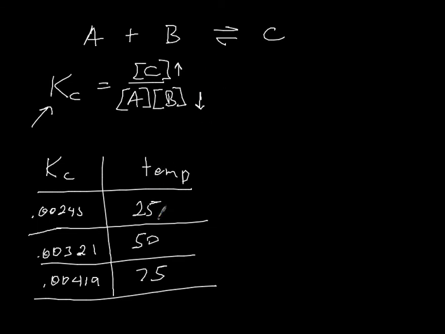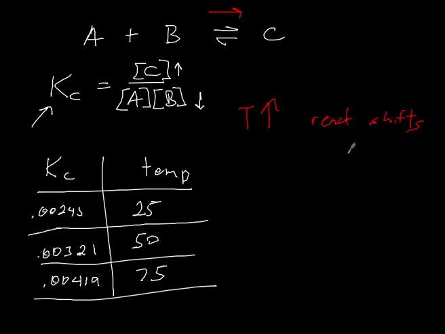And so as the temperature is increasing, this reaction is shifting in a particular direction. Which way does this reaction shift? Does it shift left to right or right to left? Well, to make more C and less AB, this reaction must be shifting left to right. So as temperature goes up, the reaction is shifting right.